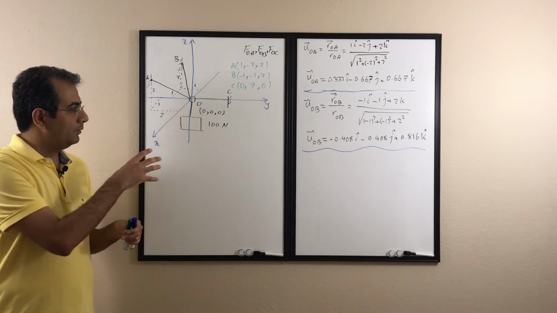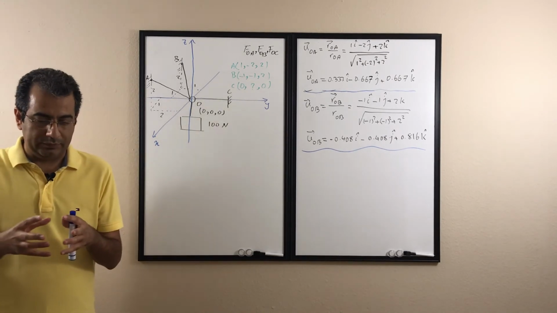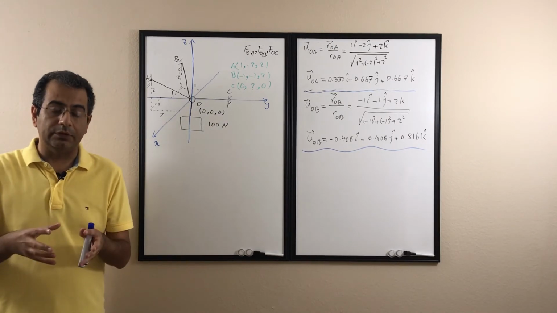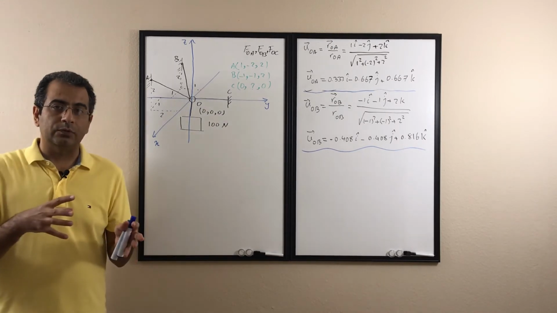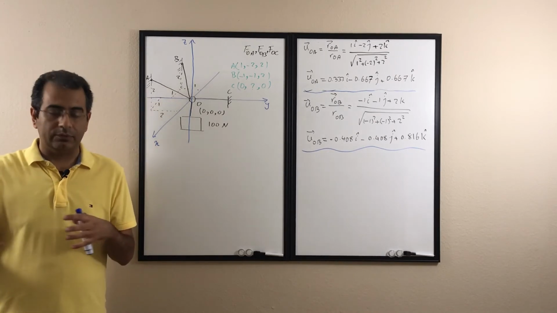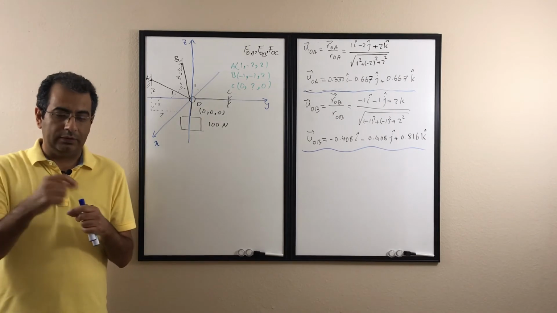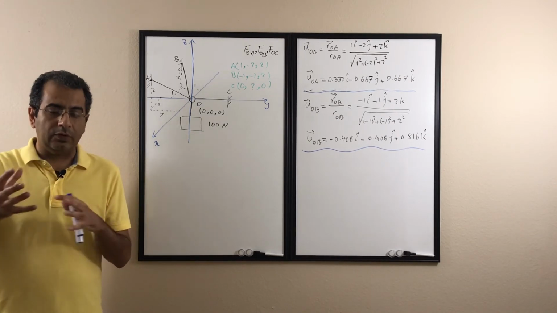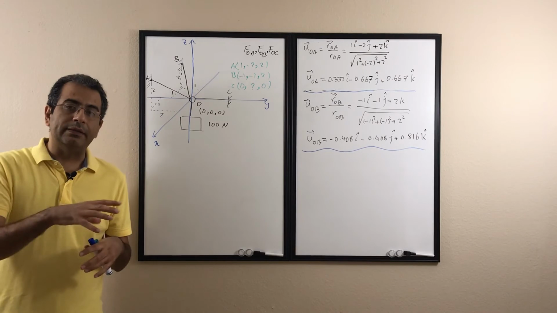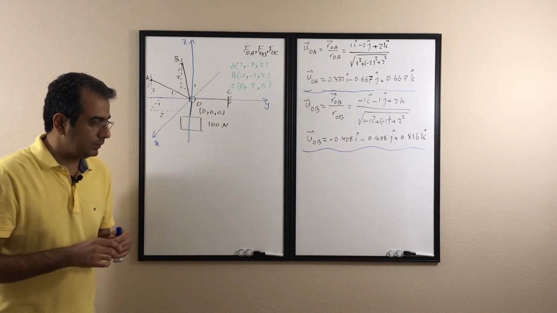We are following the very same procedure here when we are working with 3D problems. We draw the free body diagram and put all the forces on it. Then, instead of finding the components, we find the forces in Cartesian form in 3D, and then we add all these vector forces together and make them equal to 0.